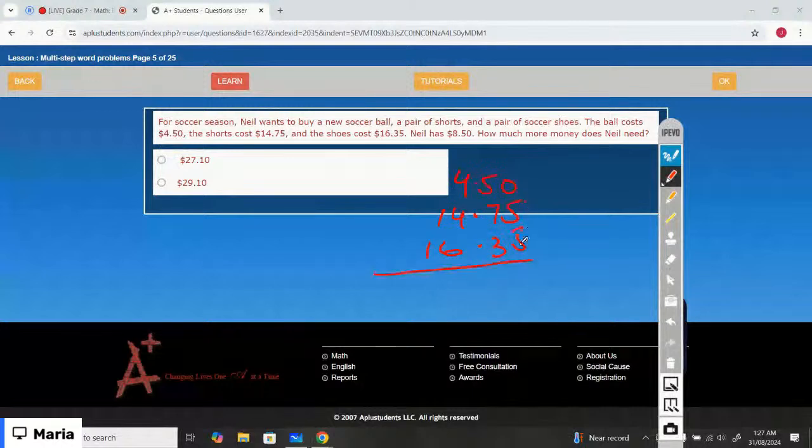So let's just add. 5 and 5 is 10, write 0, carry 1. 7 and 5 is 12, and 1 is 13, 14, 15, 16, write 6, carry 1. 10 and 14 and 1 is 15.